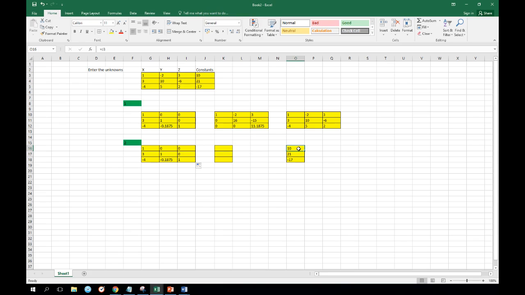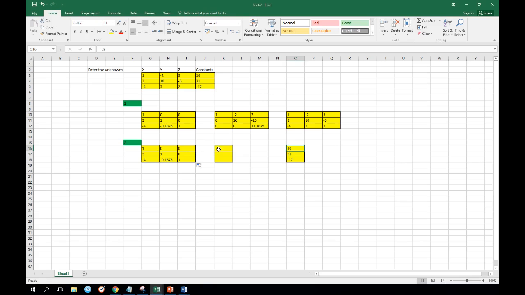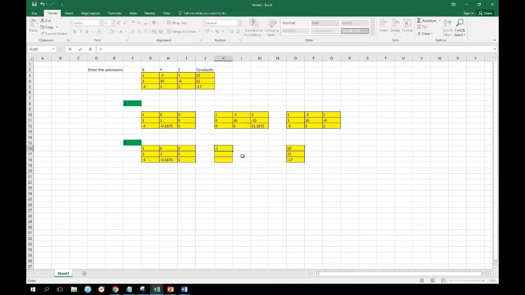So 10 can be retrieved by multiplying. Since this is A11, we will have the same formula for A11. This is U11, right? This is U11 times this value. So we can simply isolate U11, which is this part, into A11, or the value here, divided by 1.